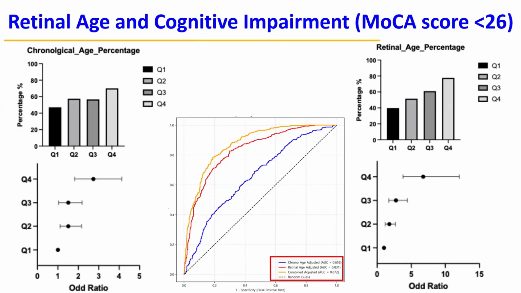If we use the retinal age, the AUC is 0.83. The maximum is 1, so it's still good. If we combine the retinal age with the chronological age, you can get an AUC of 0.87-something. You can also see the percentage with cognitive impairment increases by quartile of retinal age. So this supports that retinal age is much better than chronological age at detecting cognitive impairment.